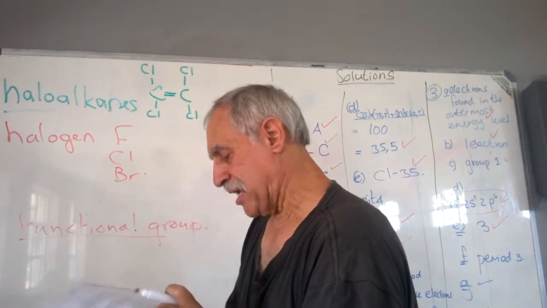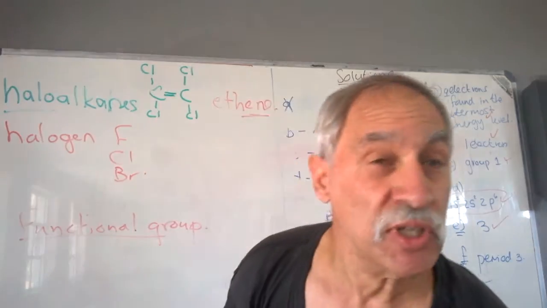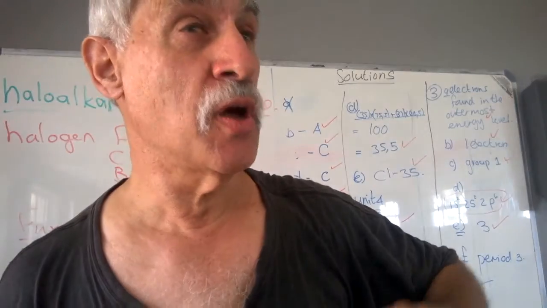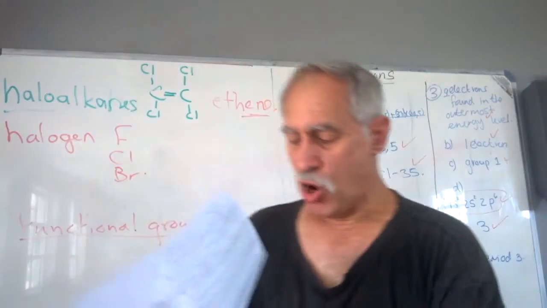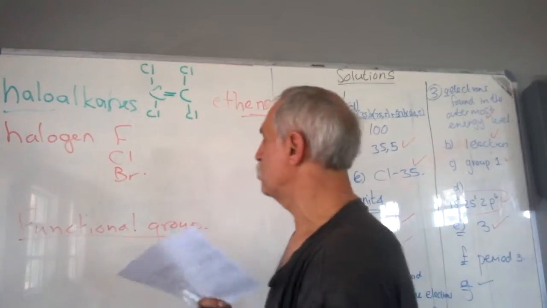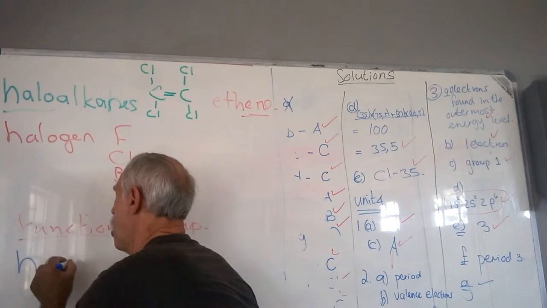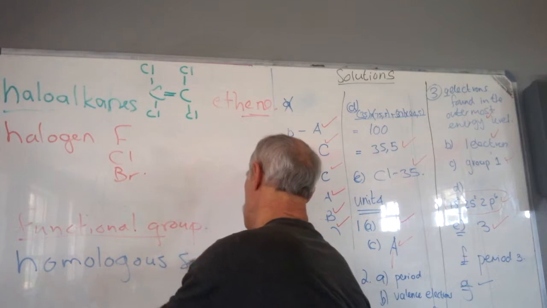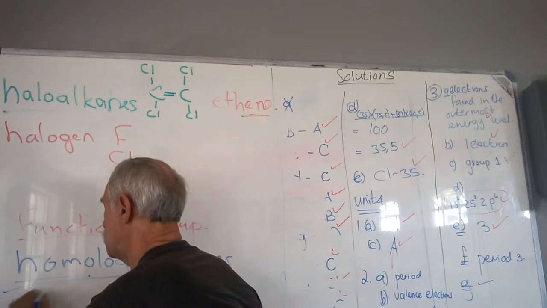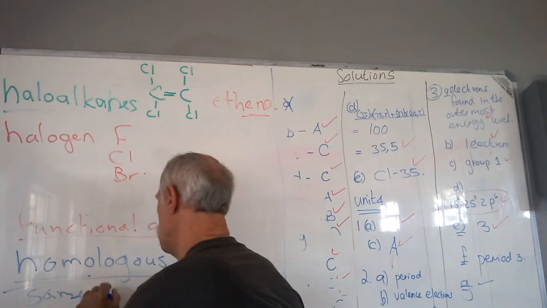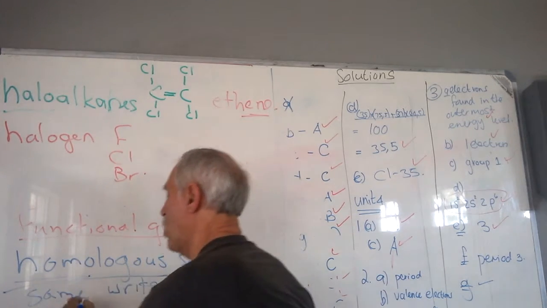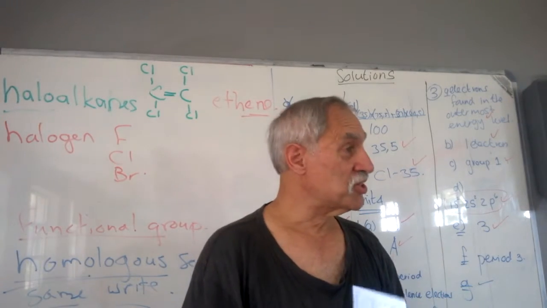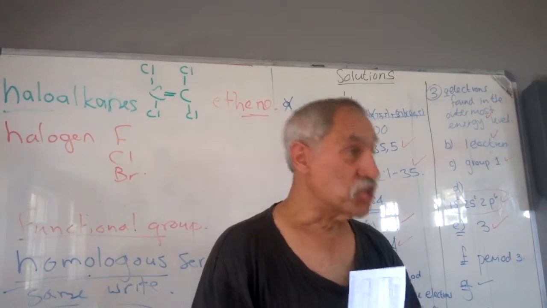Just say functional group, everybody. Functional group. Now, all those that have the same functional grouping belong to the same homologous series. Homo means the same. Logos means to write. They're all written in the same way. So we have a homologous series, and each homologous series has its own functional group.